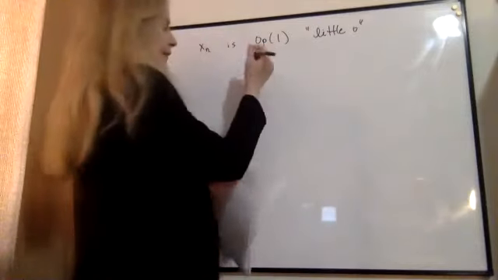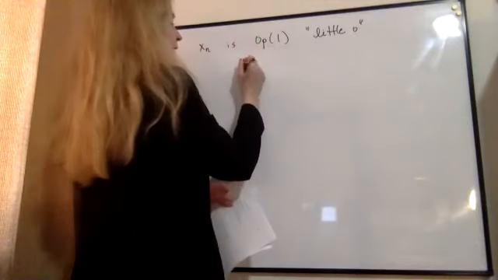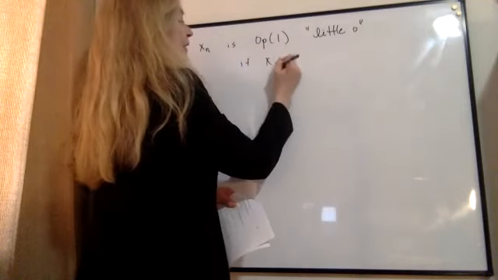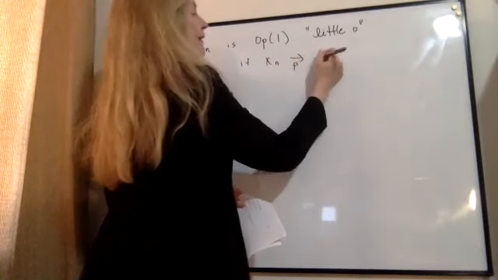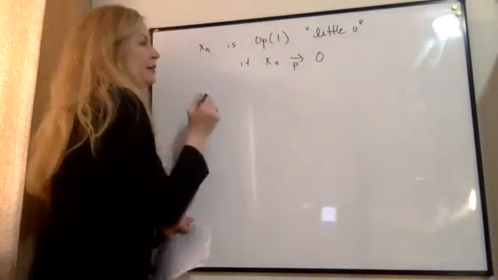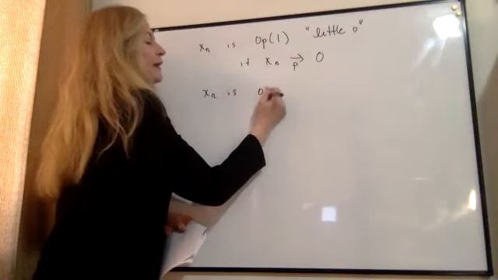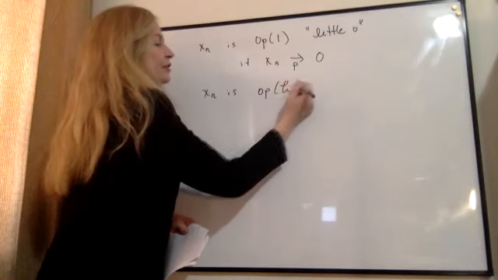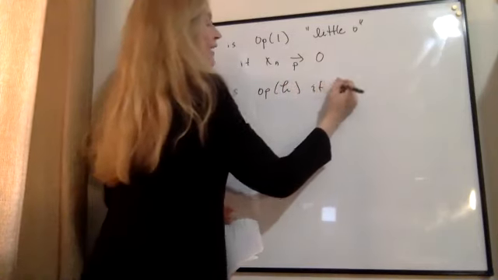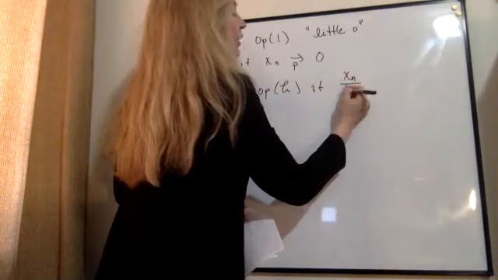So if x_n converges in probability to 0, it's little o_p of 1. And x_n is little o_p of h_n if x_n over h_n converges in probability to 0.